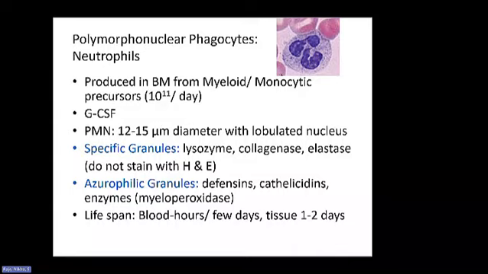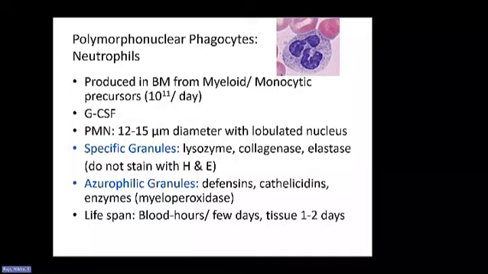They also have these azurophilic granules that have affinity to azure dye, and they have these bactericidal or microbial substances that work against these microbes, defensins and cathelicidins, as well as enzymes like myeloperoxidase.